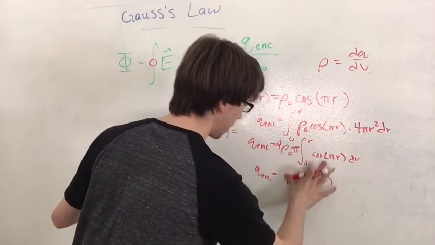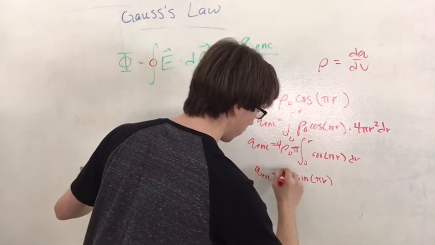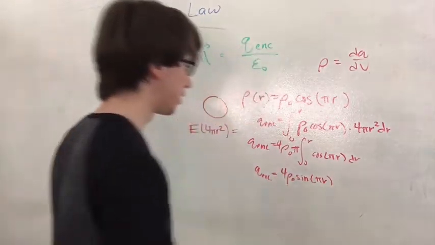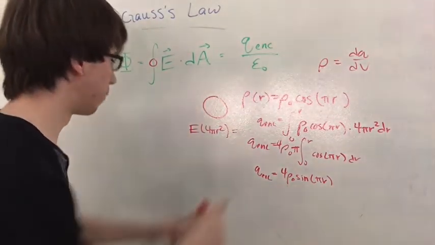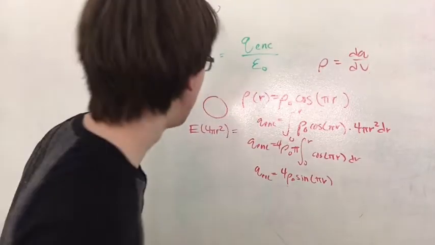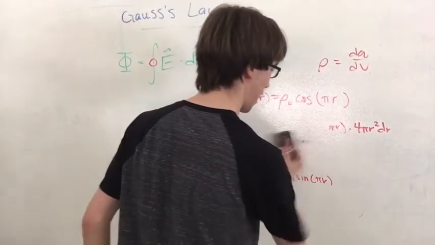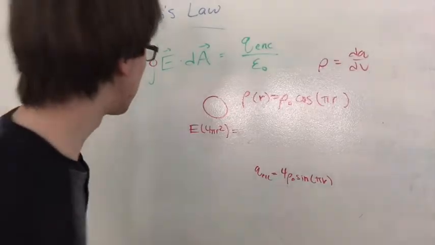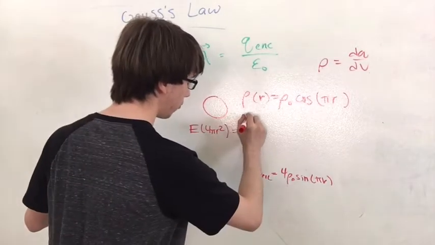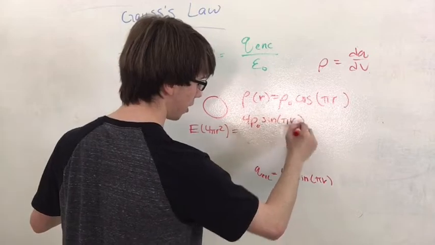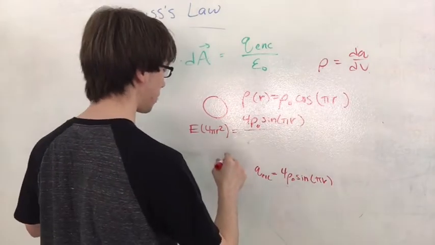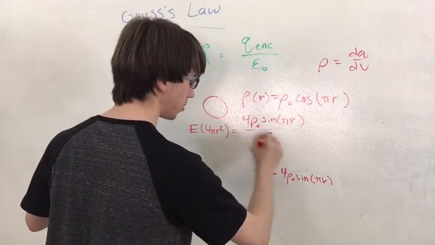The pi's cancel out, and we're left with 4 rho naught sine of pi r. Then we plug that back into our equation, and we get E times 4 pi r squared is equal to 4 rho naught sine pi r over epsilon naught. Wasn't that much internal screaming, it actually wasn't that bad.